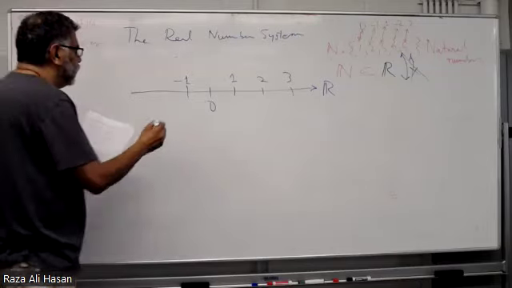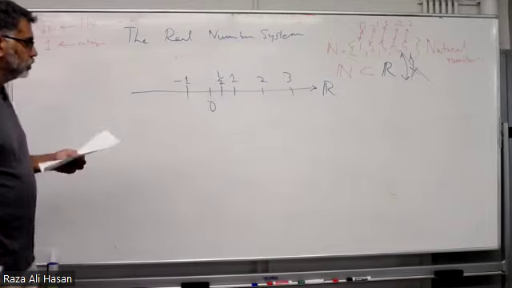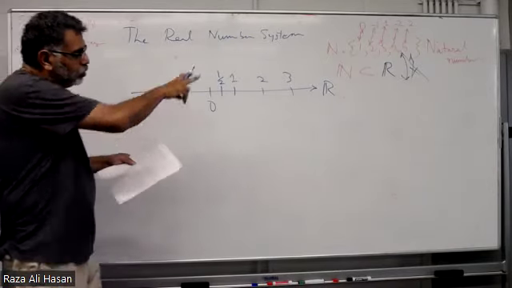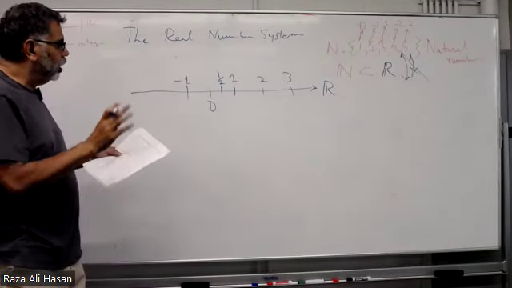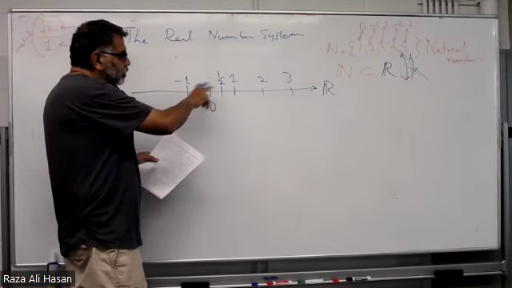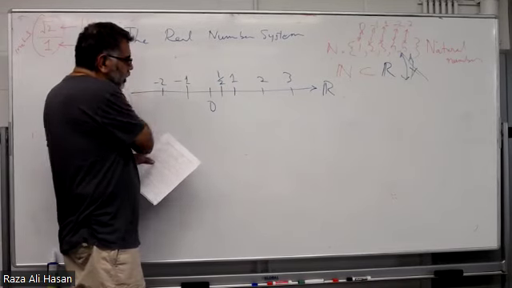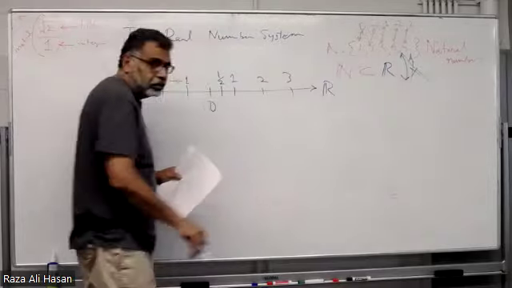I'm going to throw in a half here. So we got the real number line, and I started out with a set of integers, -1, -2, all the way this way, 1, 2, 3, all the way that way.